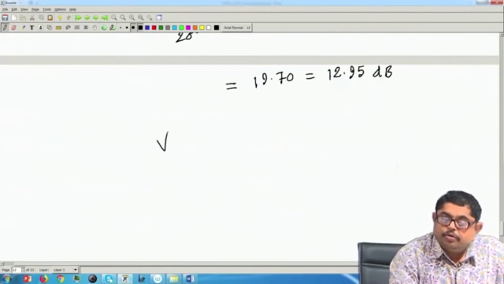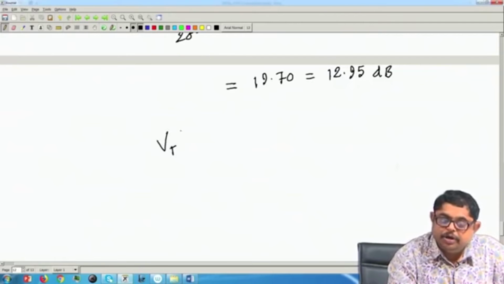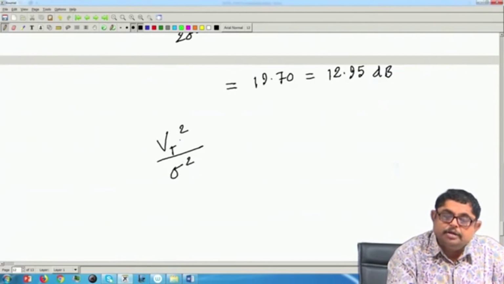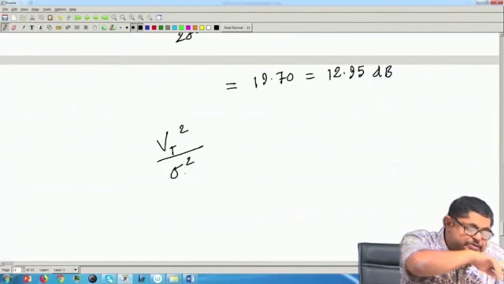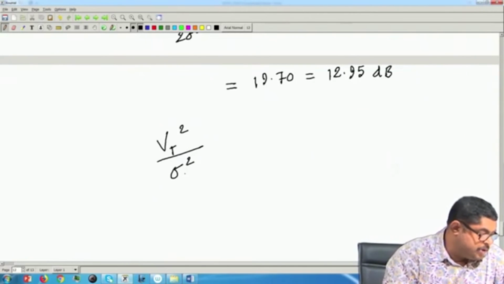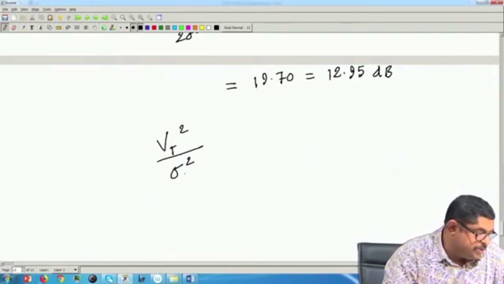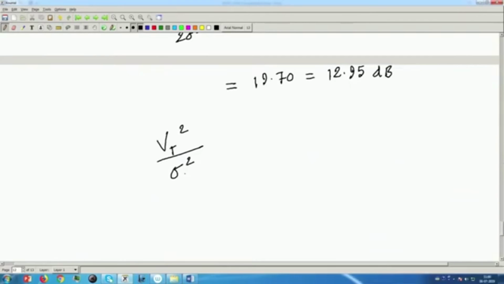So, basically that was V t square by 2, but actually we should give what is the voltage level compared to the threshold, square divided by this, which will be V t square by sigma square.